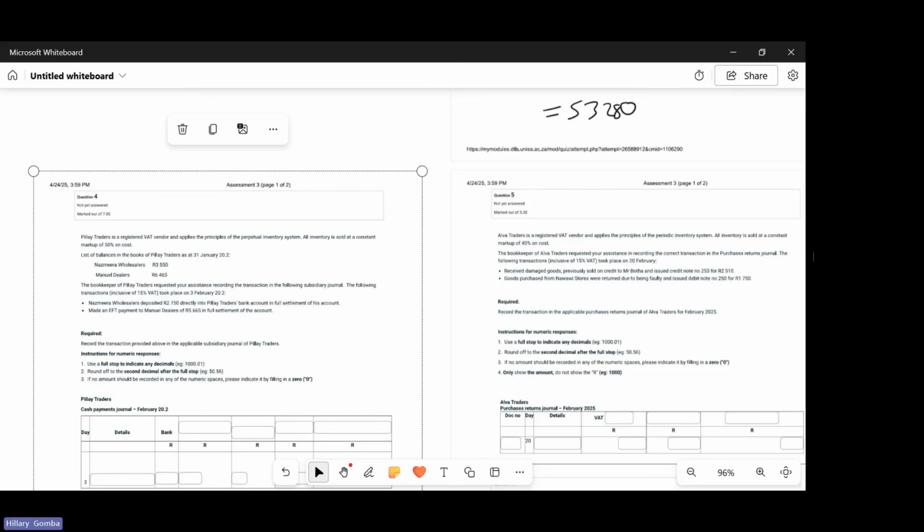So we have Nazmira wholesalers with a balance of 3,550. And then we have manual dealers with a balance of 6,465. And then it goes on to say the bookkeeper of PLI Traders requested your assistance recording the transaction in the following subsidiary journal. The following transactions, inclusive of 15% of VAT, took place on 3 February 2022.